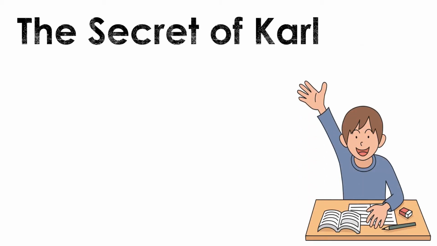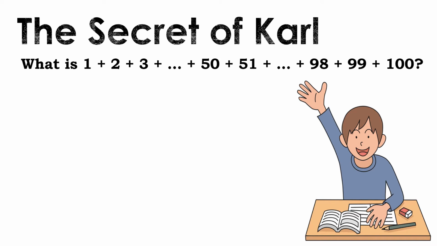Now, do you know the story of the Secret of Karl? Let me ask you, what is 1 plus 2 plus 3 plus until you add 100? So Karl here was asked about this question.